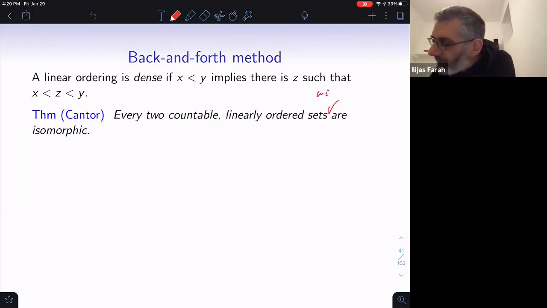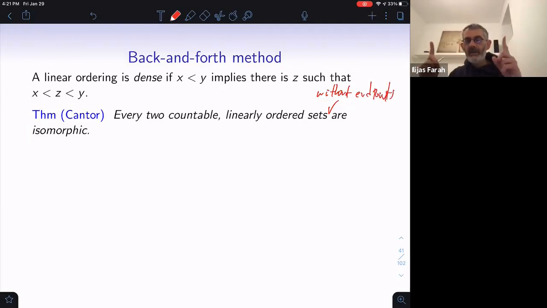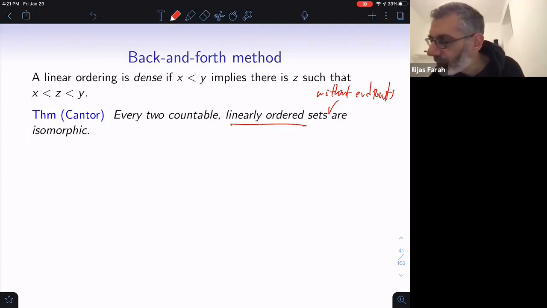Okay, see, I misstated the theorem. Every two countable linearly ordered sets without endpoints, right? Because you can look at the rationals in (0,1). Oops, don't you need the ordering to have... Yes, I do have a linear ordering. So Pedro asked a question. Oh, countable. Yes. Sorry. Dense.